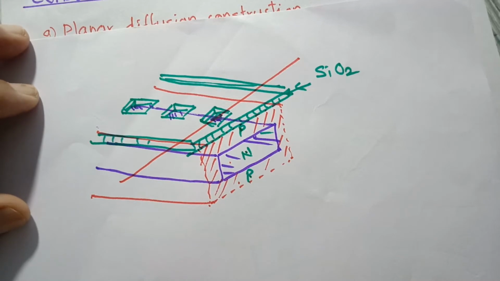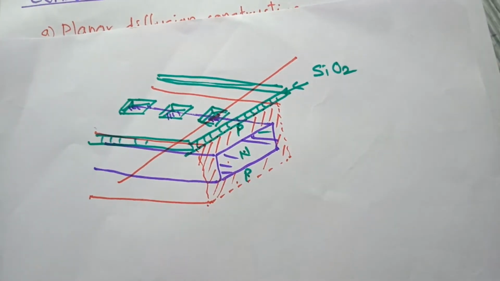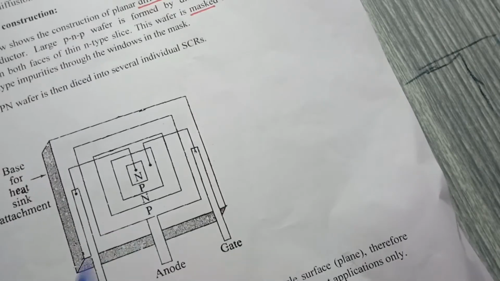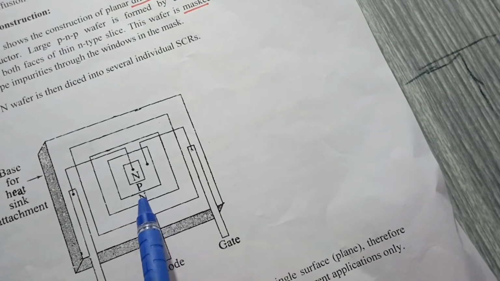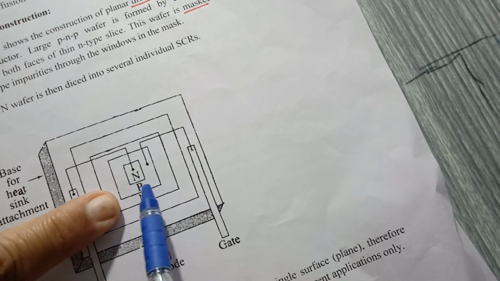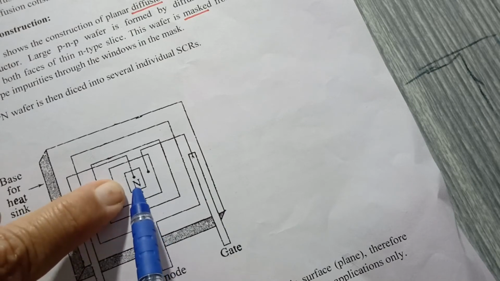So usually we draw planar diffusion SCR like this. So see, it is very simple. This is, say, N, and from both sides P. So this is P and P slice. Then at the top, after the SiO2 layer, there is the N region.